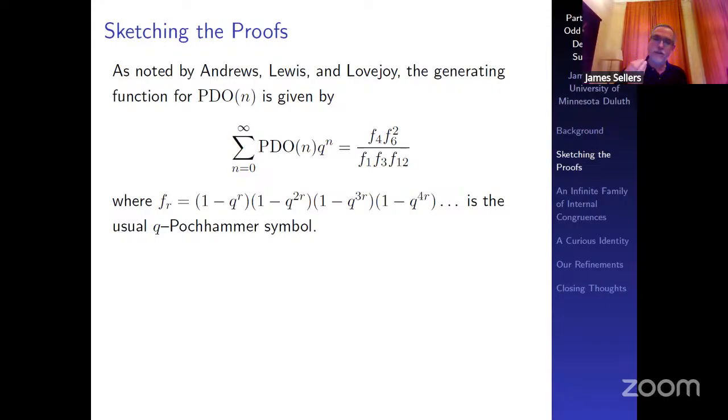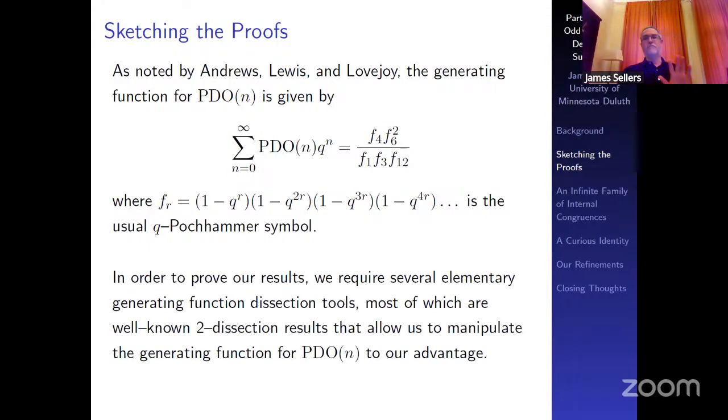I've abbreviated it somewhat into this F sub R notation, which has become a little more common in our literature now. I just want to highlight that the subscript on the F is serving as a common power on the q's in the infinite product. This is very important. So for example, the F4 actually is a function of q to the 4 everywhere, and the F12 in the denominator is a function of q to the 12 everywhere.